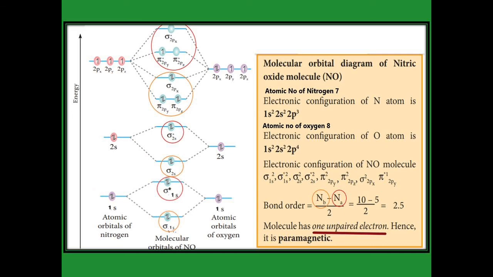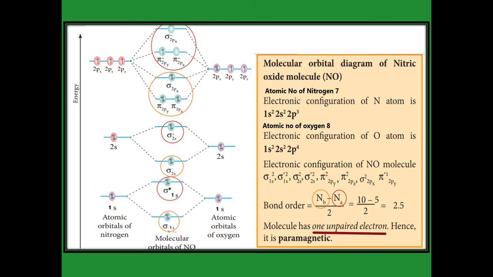Now the electronic configuration of nitric oxide: first sigma 1s 2 electrons, sigma star 1s 2 electrons, sigma 2s 2 electrons, sigma star 2s 2 electrons, pi 2py 2 electrons, pi 2pz 2 electrons, and sigma 2px 2 electrons. Next, the pi star 2py alone contains only 1 electron. It is indicated in superscript 1.